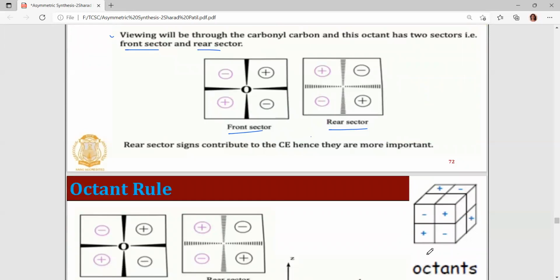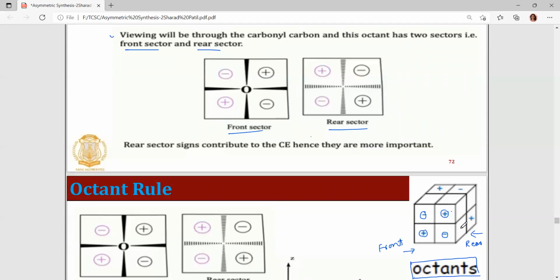So this is the octant. Hope you can see it. There are these 8 boxes, right? On this side, the right side is negative, here positive, here negative, here positive. The side which we can see is the front, and this side is the rear side.